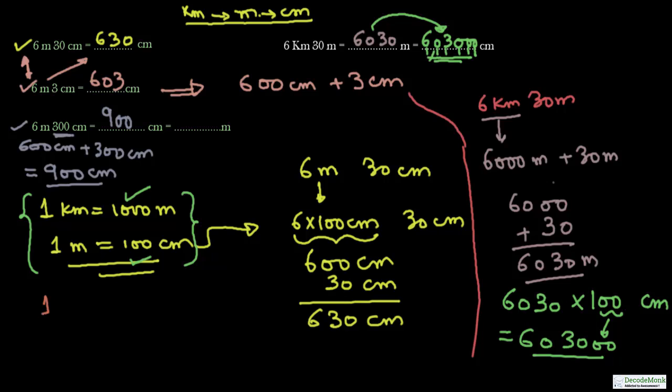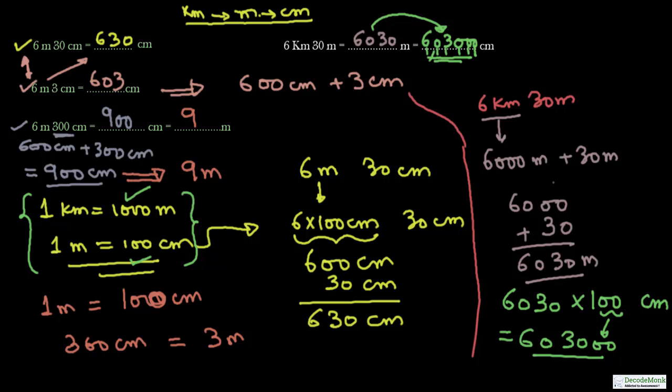Basically 1 meter, we know that it's 100 centimeter, therefore 300 centimeter can be written as 3 meter. So this is basically 3 meter and this is 6 meter. So 3 plus 6 is 9 meter, or you can arrive from here also, 900 centimeter is equal to 9 meter.